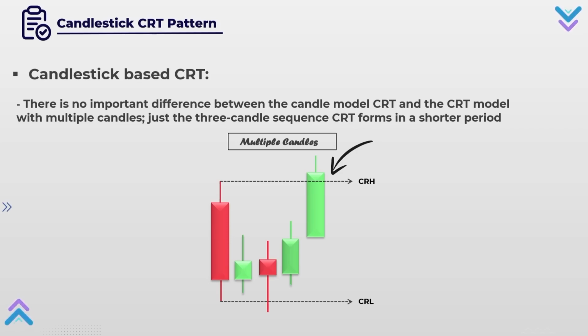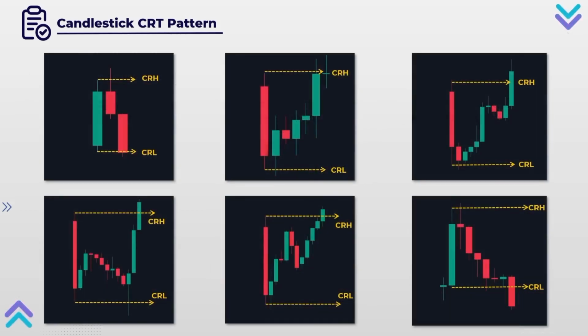To solidify what we have learned so far, let's see more examples of candlestick-based CRT models that we might encounter in the market. Starting from the top, this first scenario is the most critical CRT model, offering a high probability of success. Why? Because it perfectly captures the accumulation, manipulation, and distribution phases, all within a three-candle sequence, what we call the power of three, in just three candles.